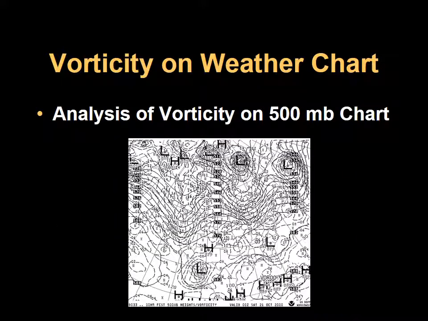Also, the other thing, we like to look at vorticity in the atmosphere on the vorticity charts. The vorticity charts help us visualize where there is positive or negative vorticity. And remember, vorticity is a result of curvature and shear.